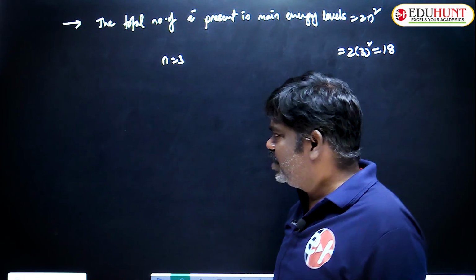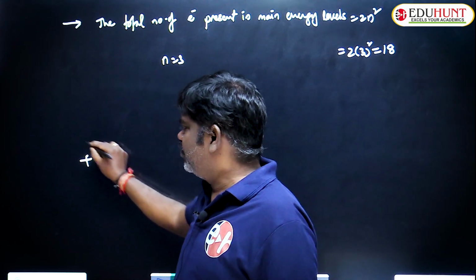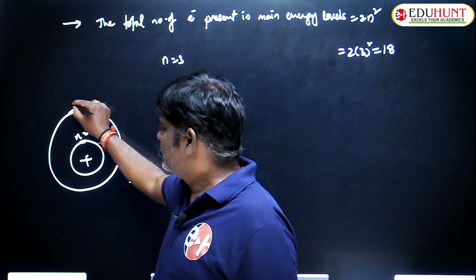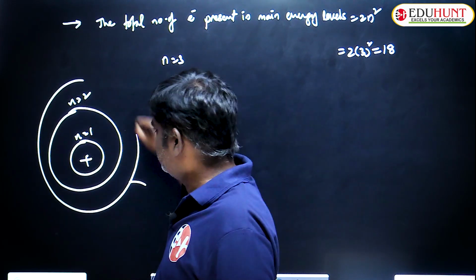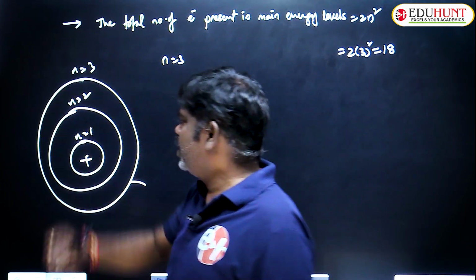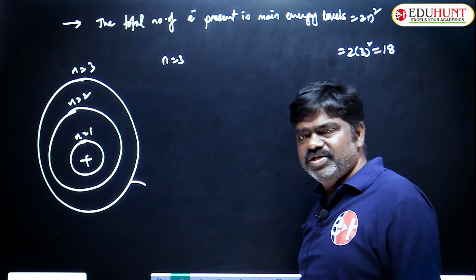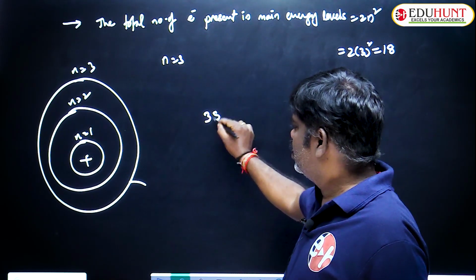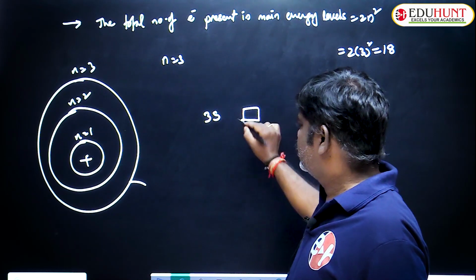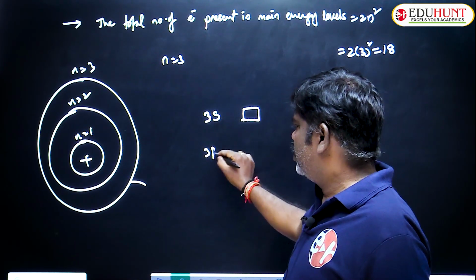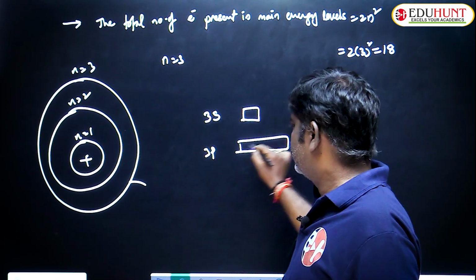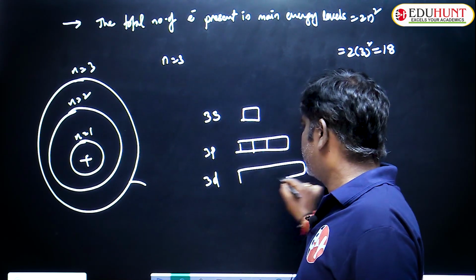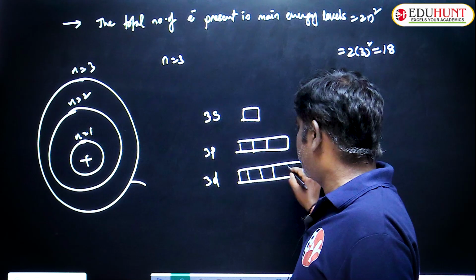18 electrons present in the third shell means, for example, take n is equal to 1, n is equal to 2 and n is equal to 3. See how many electrons are present in the third shell. The third shell, n is equal to 3, contains the 3s orbital, the 3p orbital with 3 suborbitals, and the 3d orbital with 5 suborbitals.